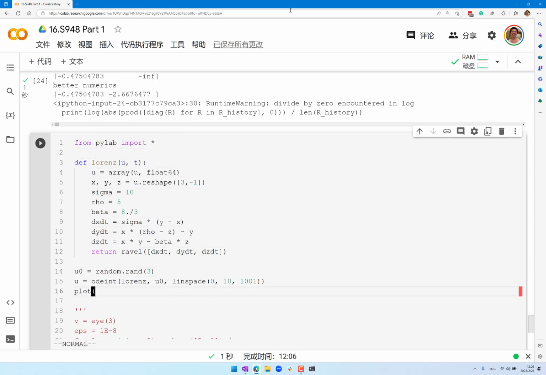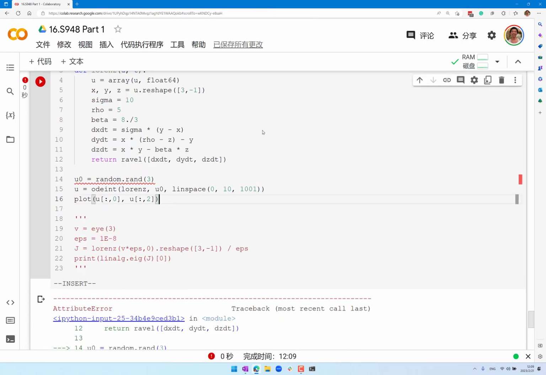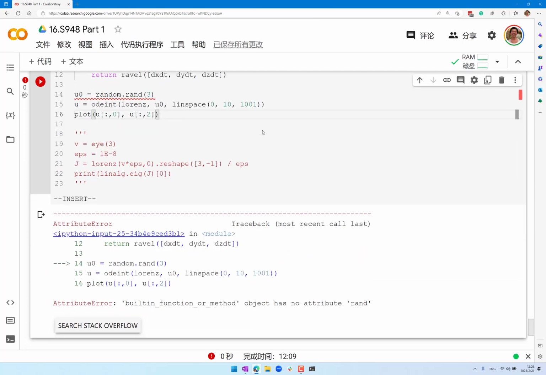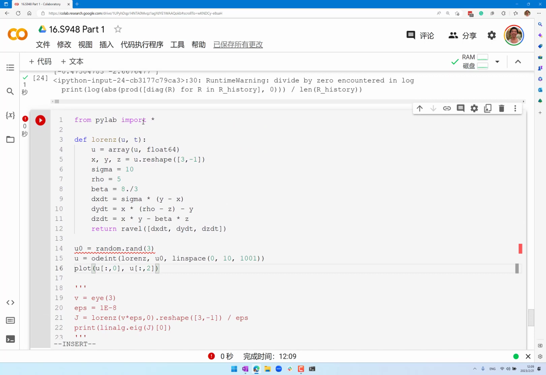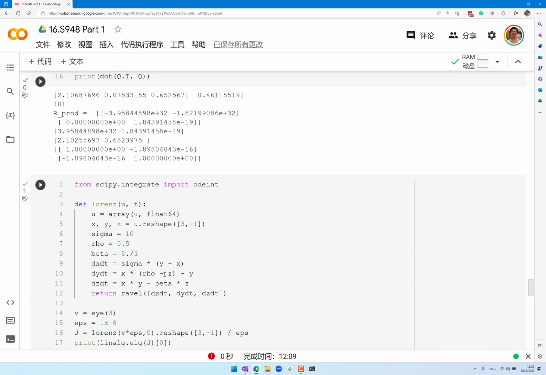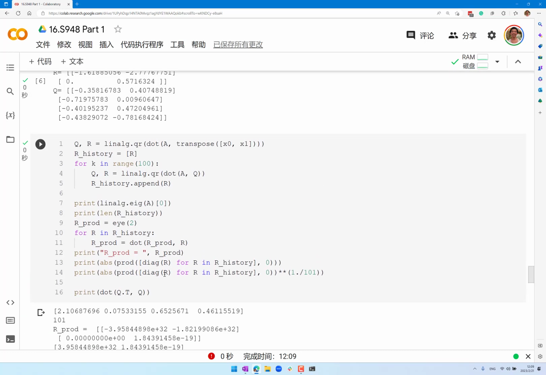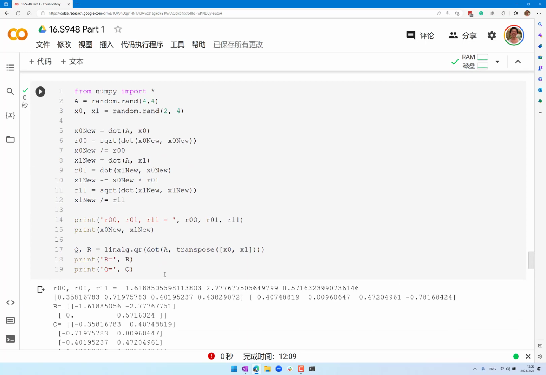Let's plot the trajectory, still the x versus z plot, and see what we get. Attribute error, built-in function. I don't know. What did we do before? Random.rand, somehow that worked.